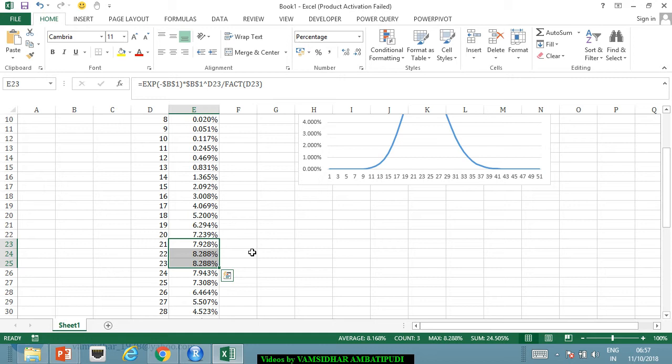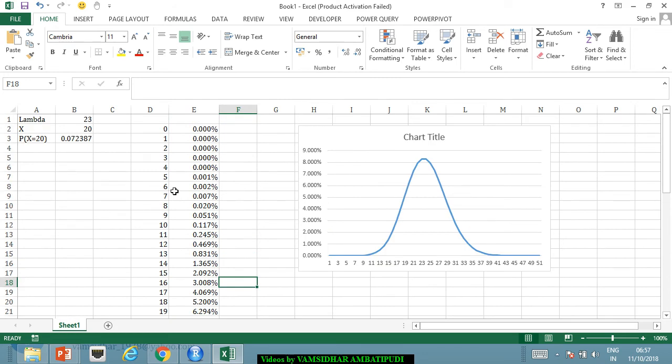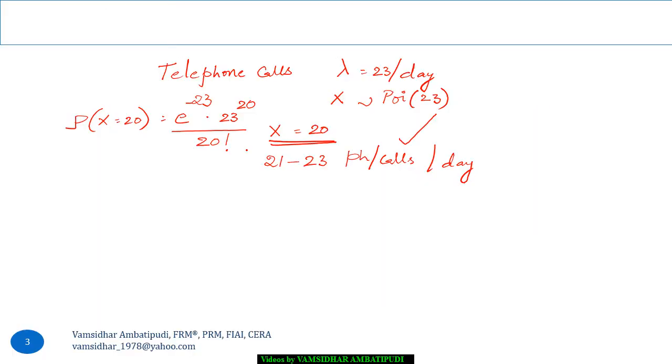Now look at this one. Let me keep it like this. This is how we understand the probability distribution function. Now, let's say I want to find out the important properties, the mean and the variance.